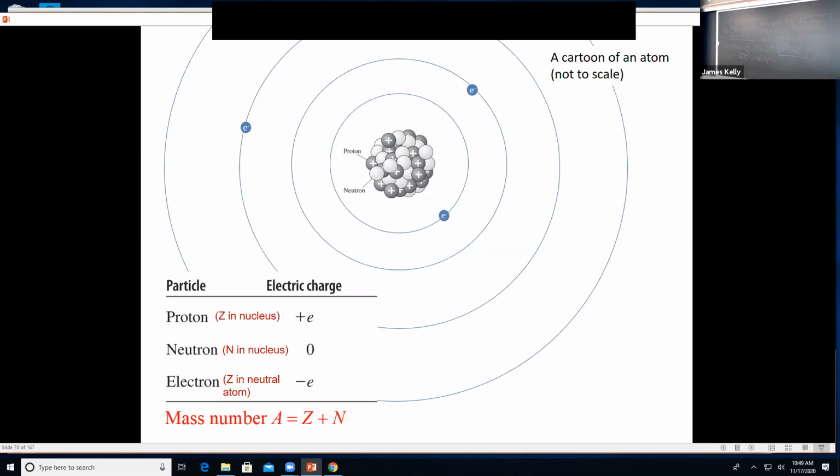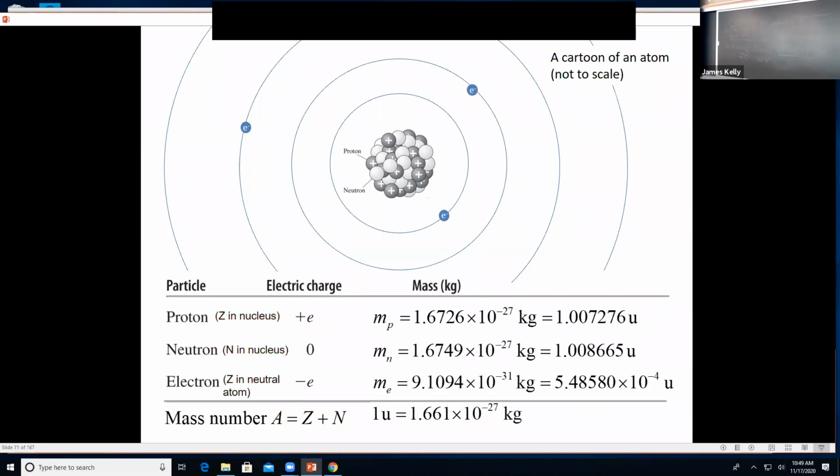Okay, so far it's just notation. So here are some numbers. We can get the basic idea of the scales here. The mass of the proton, of course, all these are tiny in kilograms. Mass of a proton is really tiny in kilograms, same thing for a neutron, but notice they're almost the same mass, whereas the mass of an electron is quite a bit less. There's another unit.